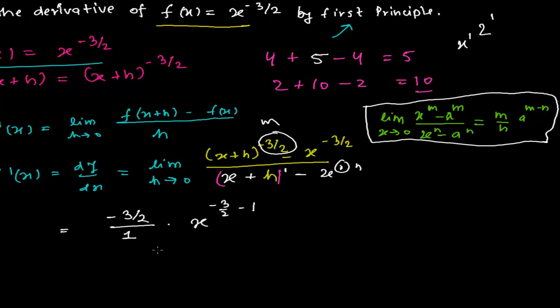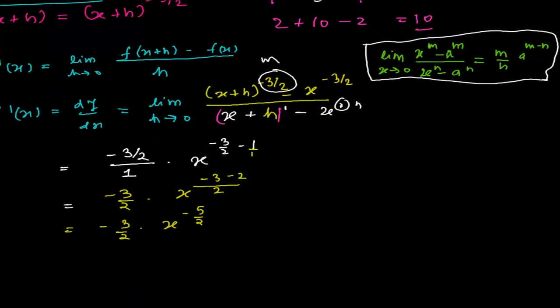So now I'm just going to solve this. Minus 3 by 2 upon 1 is just minus 3 upon 2, times x to the power minus 3 by 2 minus 1. When I take the LCM of these two, it will be 2, and then minus 3 minus 2, that is minus 5 by 2.